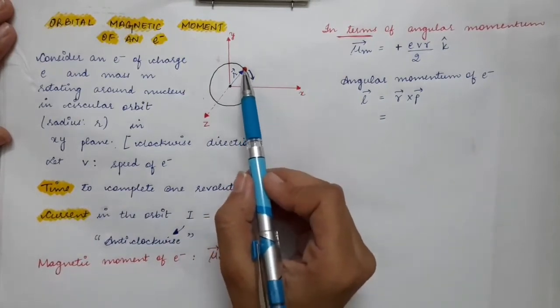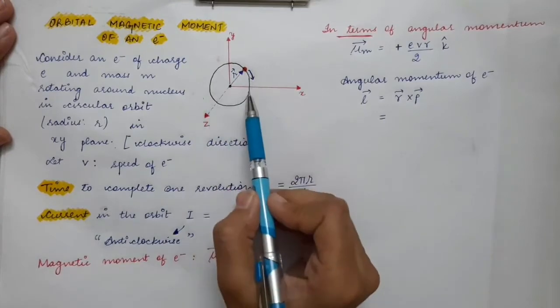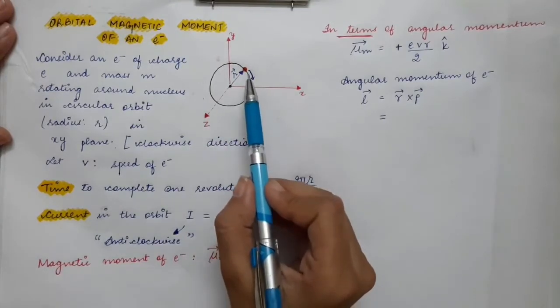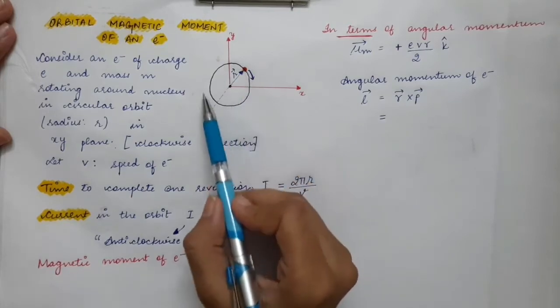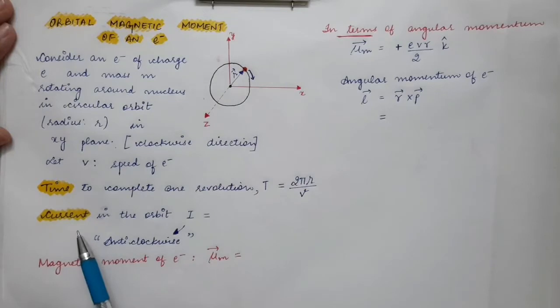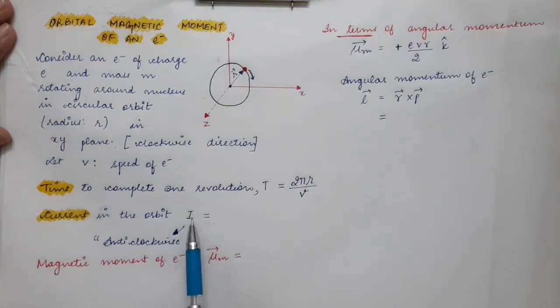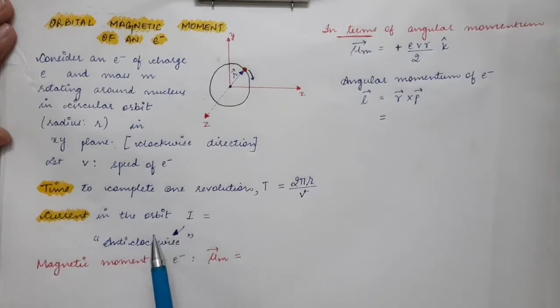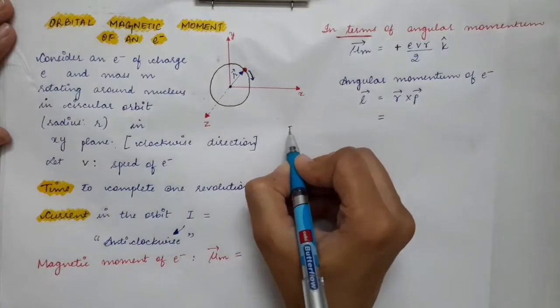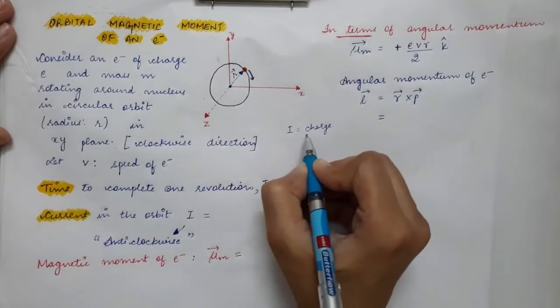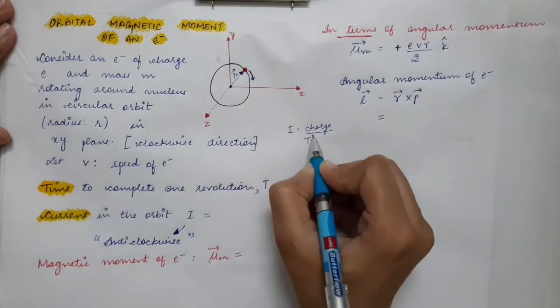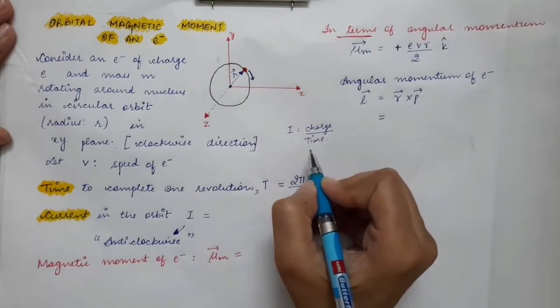As we have said, the motion of the electron in the clockwise direction will give rise to the flow of current in this circular orbit in the anti-clockwise direction. So the current in the orbit is represented by capital I, and this current I will be in the anti-clockwise direction. What will be its formula? We know that current is equal to charge flowing over the time in which that charge is flowing.